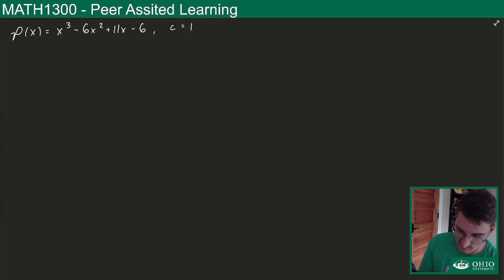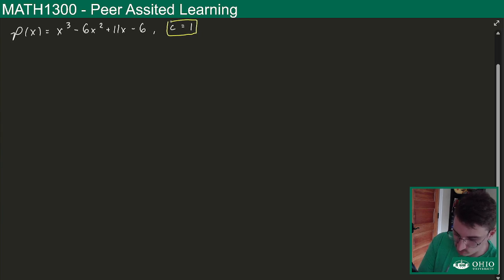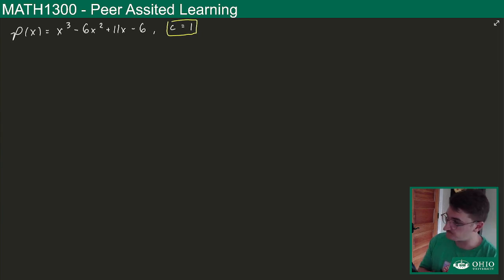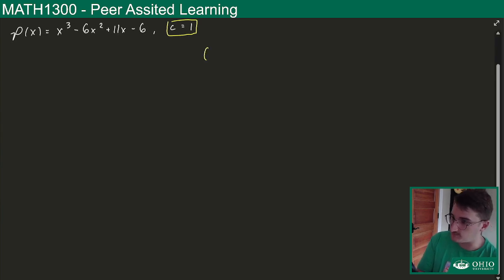So let's briefly think about, what does this term c equals 1 mean? It means that c equals 1 is a 0, and we know that zeros come from factors. So I know that in the final factorization of this polynomial, there is some term that looks like x minus c.